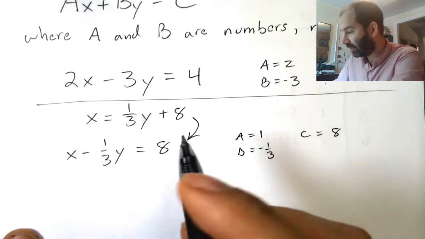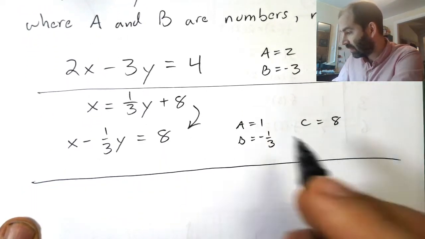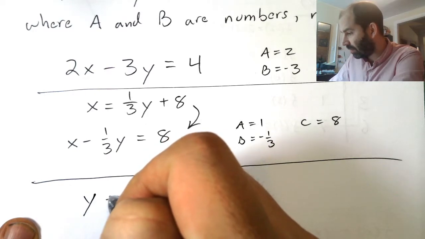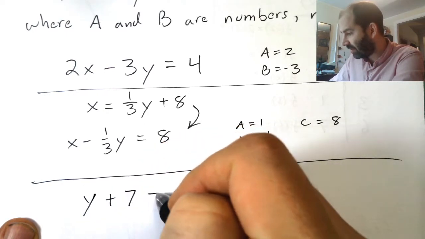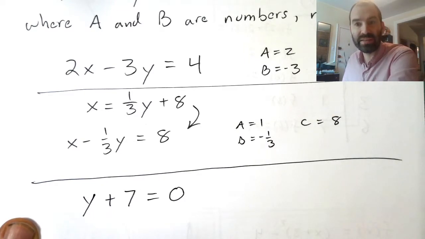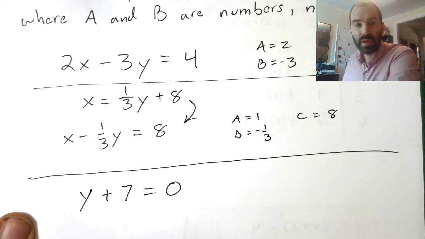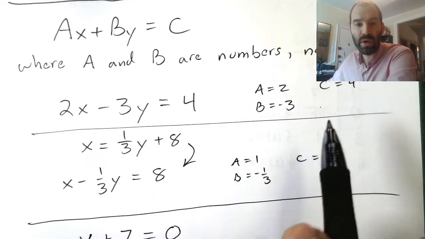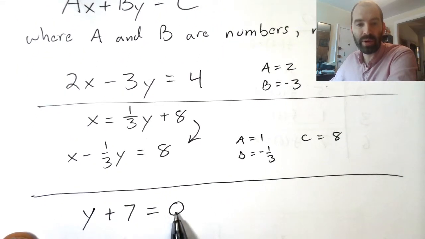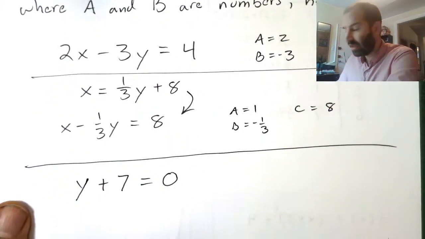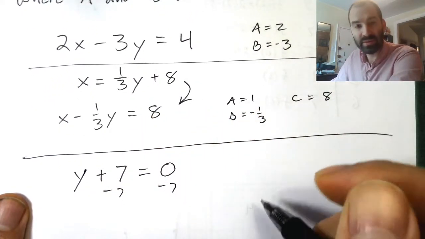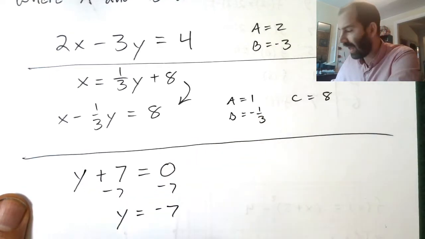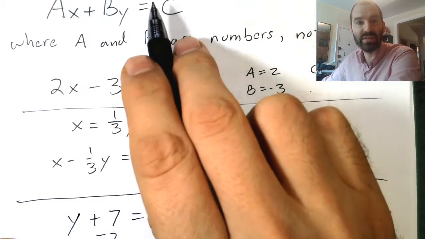Okay, let's do another one. Let's do y plus 7 equals 0. Is that a linear equation? Well, we need to be able to write it like this. The 7 has got to end up on the right-hand side. That's going to be our c. So let's subtract 7 from both sides, and I get y equals negative 7. Now, is this one of these?